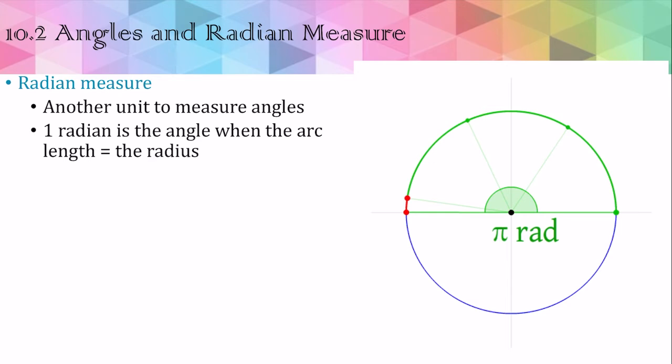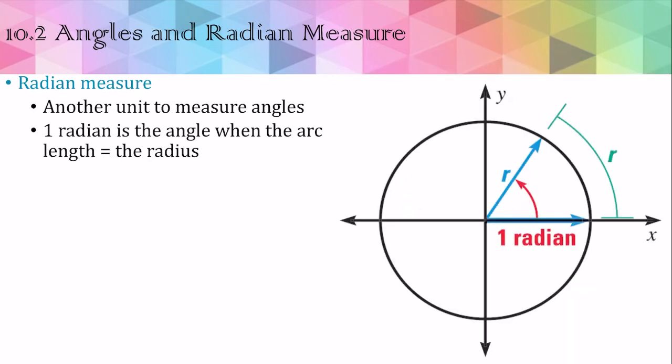In half a circle, there are pi radians, and in the full circle there are 2 pi radians. So there's 2 pi radians in a complete circle.